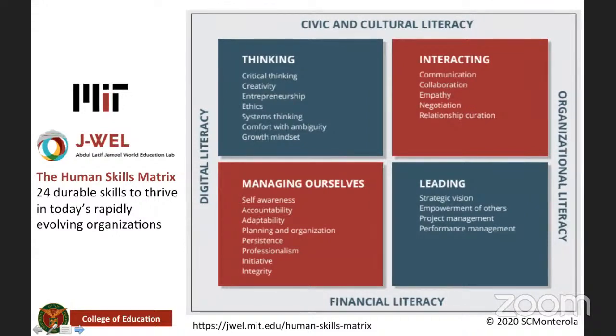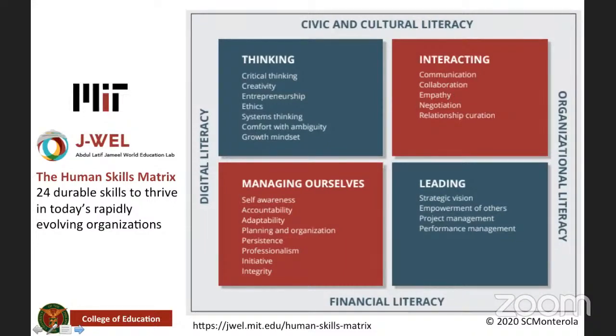And I also like to point out that a unique feature of this human skills matrix is the emphasis on literacy. Digital literacy, we're seeing right now, is very important. Civic and cultural literacy, as we go on with our lives and try to remain responsible citizens despite the persistent threat of the pandemic.